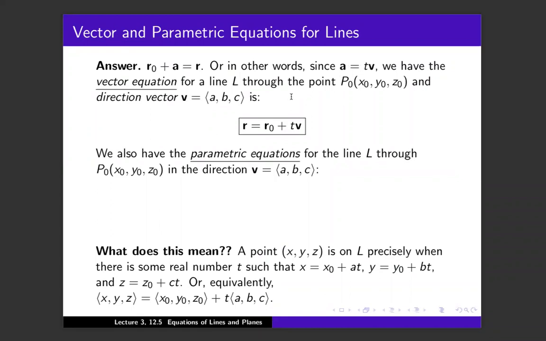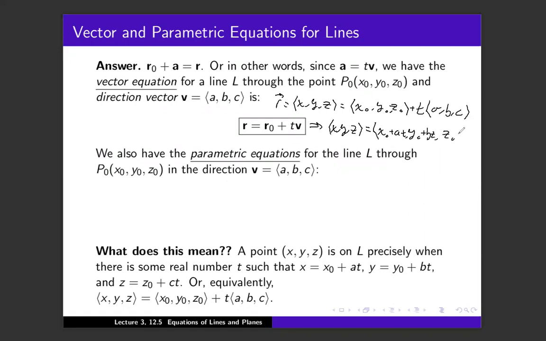Now, if we unpack that and expand that a little bit, looking at the whole coordinate representation, R is x, y, z, and R naught we know is x naught, y naught, z naught, plus T times A, B, C. To write that a little bit differently, x, y, z can be written as x naught plus at, y naught plus bt, z naught plus ct.